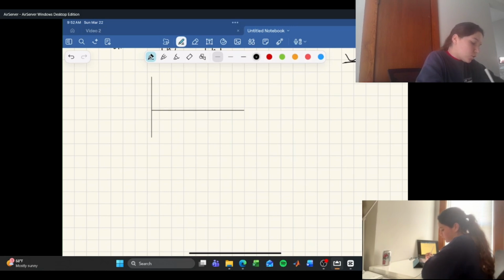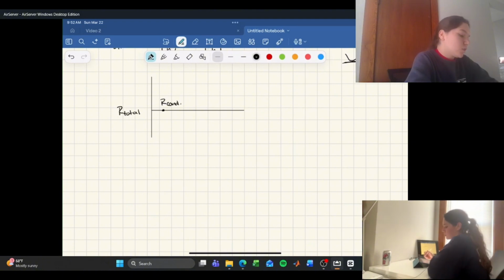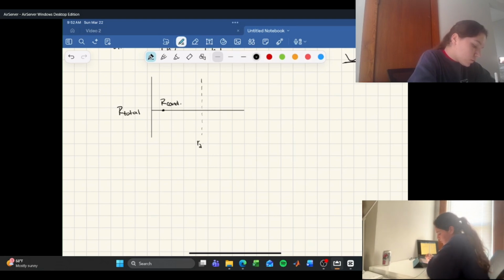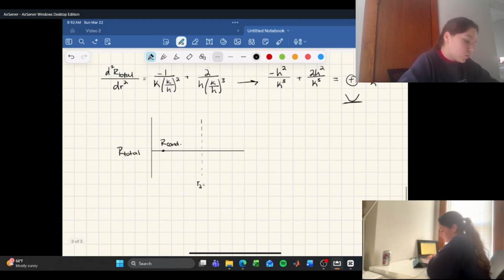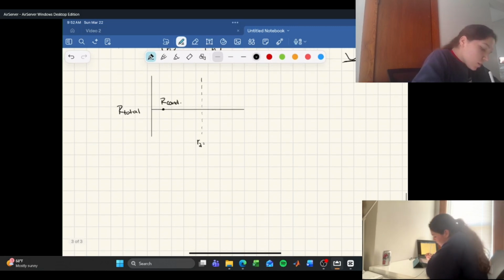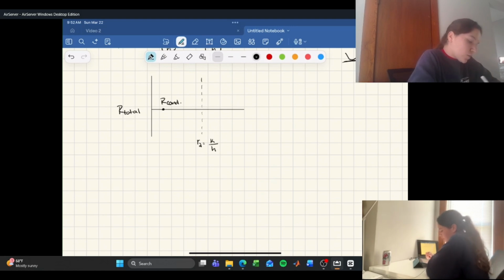So this is going to be the total resistance. And there's some point here, this is going to be the resistance by conduction, or the thermal resistance by conduction. And we just said that somewhere along here at R2, when R2 was equal to, we said it was the thermal conductivity over the heat transfer coefficient, we had a minimum.